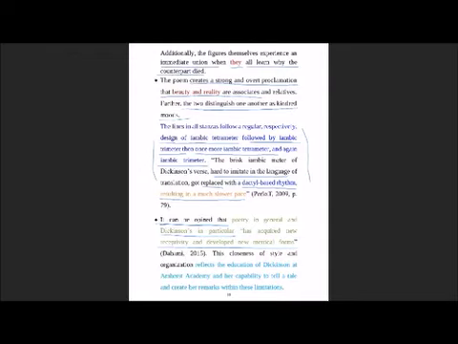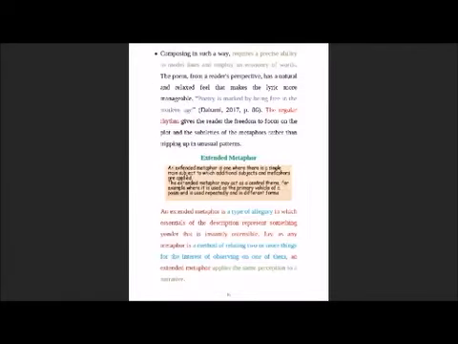This closeness of style and organization, organizing the words, selecting words, arranging them, reflects the education of Dickinson at Amherst Academy and her capability to tell a tale and create her remarks with what? With these limitations.